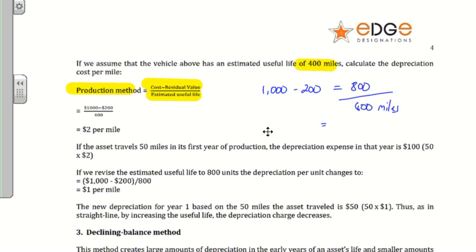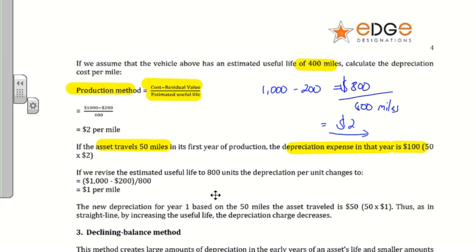What does that tell me? That every time this particular vehicle drives a mile, I should depreciate it or write it off by $2 per mile. In other words, if the vehicle travels 50 miles in its first year, the depreciation expense will be $100.